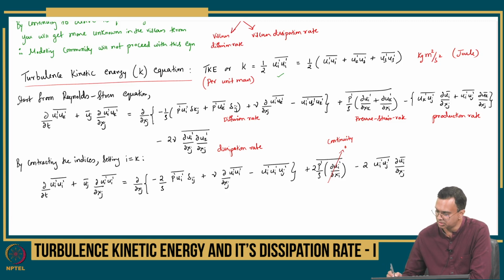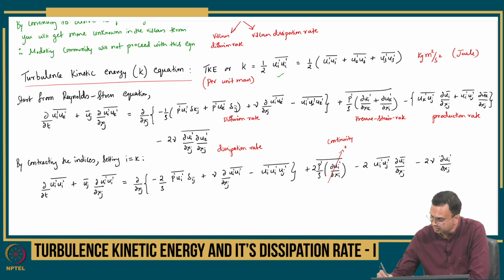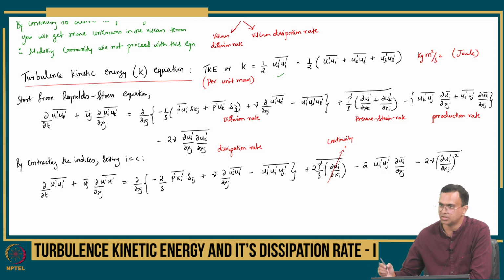This is the production rate of turbulence kinetic energy, not of the stresses. And the dissipation rate is minus 2 nu dou ui prime by dou xj, dou ui prime by dou xj, which is squared now. You see now, more terms are going to make sense, what each of these terms are, right?